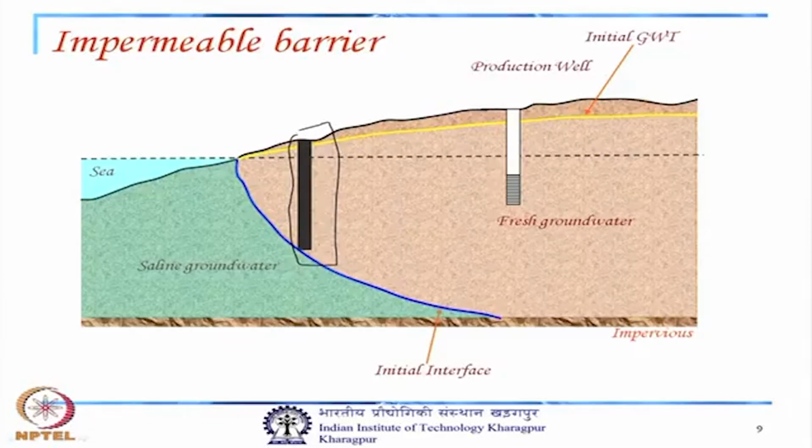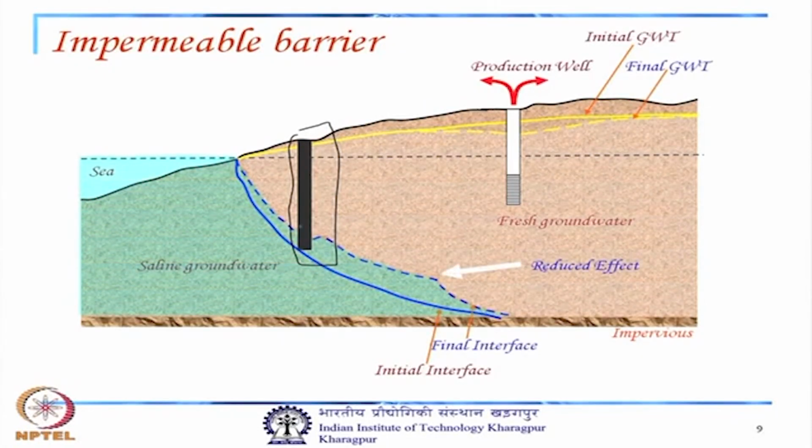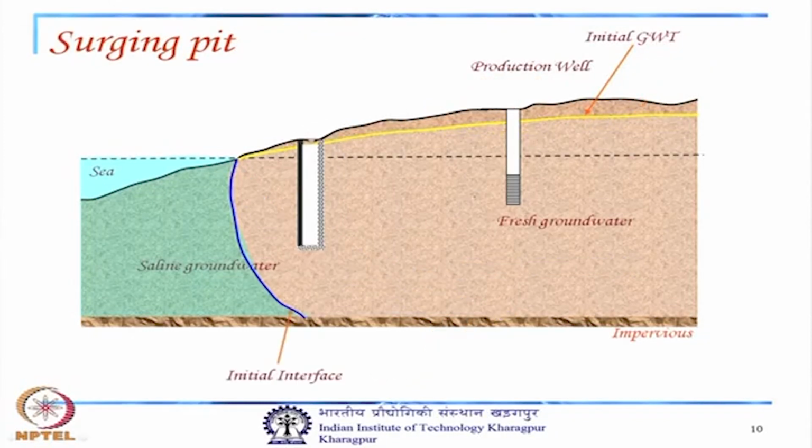So, with this kind of impermeable barrier in position, there will be reduced effect and there will be slow movement towards this production well. So, by this method also we can check the saltwater intrusion towards coastal aquifers.